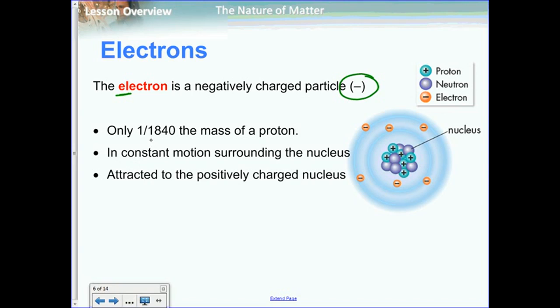I like to compare protons and electrons to elephants and peanuts. A proton would have the mass of an elephant, whereas an electron would have the mass of a peanut. So almost insignificant compared to protons and also the neutrons. These electrons are found outside the nucleus, out here in the electron cloud region, and they are in constant motion around the nucleus.